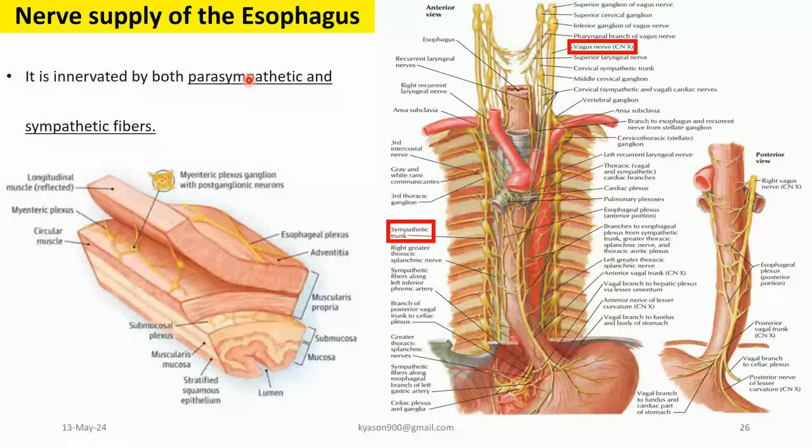So obviously these nerve fibers are going to stimulate the myenteric plexus of nerves to induce contraction of the inner circular and the outer longitudinal muscle fibers so that peristalsis can go on smoothly.